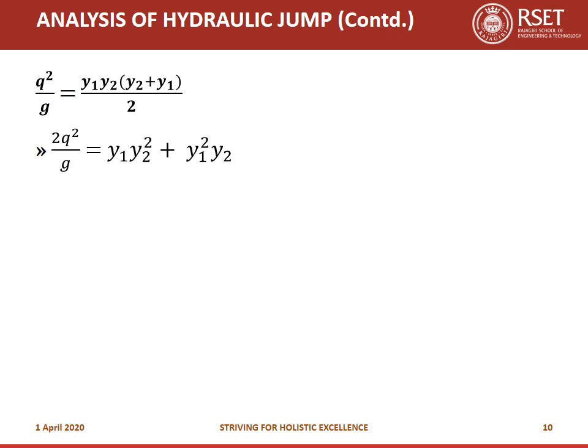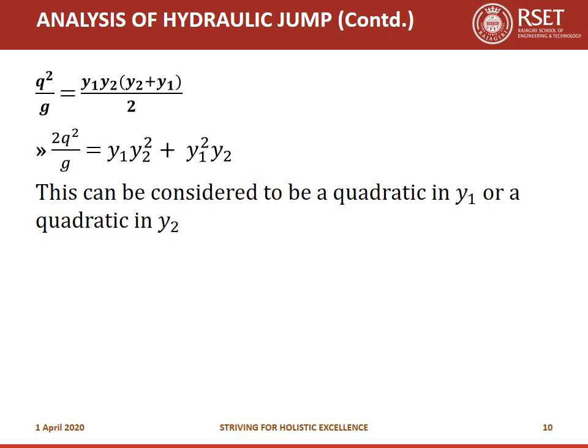2Q squared by g is equal to y1 y2 squared plus y1 squared y2. I open the brackets. It's an interesting equation because this is a quadratic equation. This can be considered to be a quadratic in y1 or a quadratic in y2.